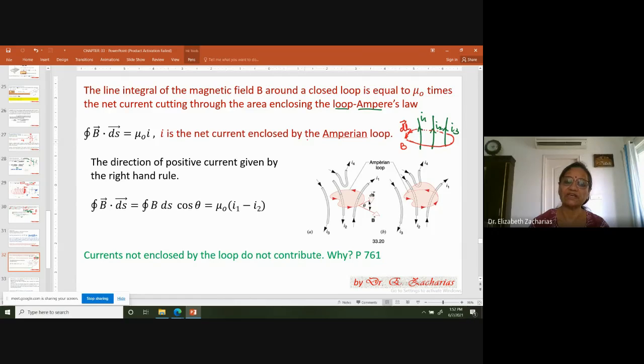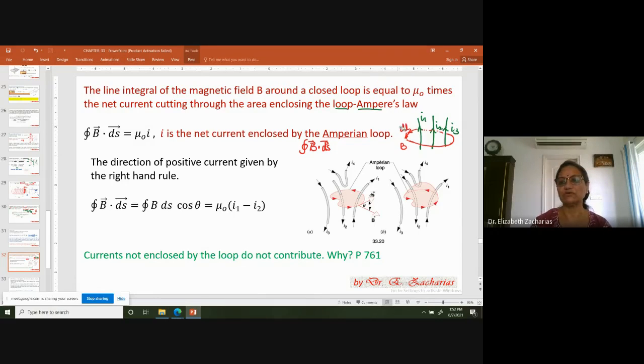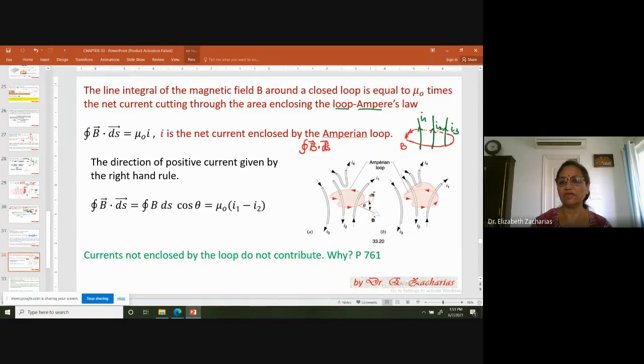Therefore, you will write it as integral B dot ds. He's using ds, not dl. I have this confusion because for the third year paper, they write dl. Integral B dot ds for this closed loop will be equal to mu naught times the sum of the currents.